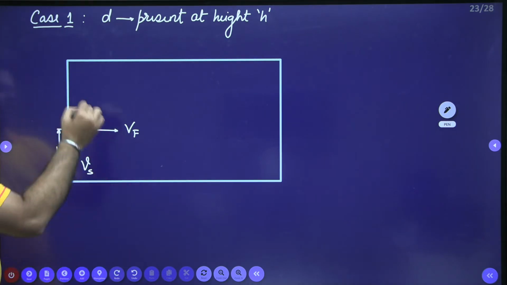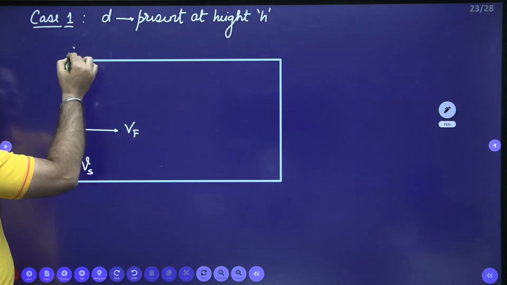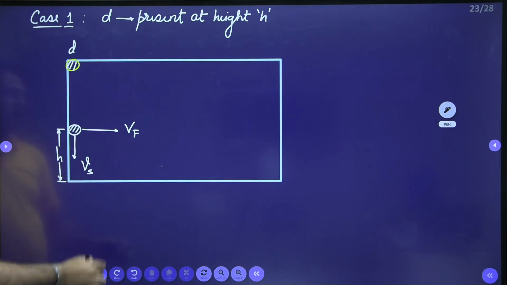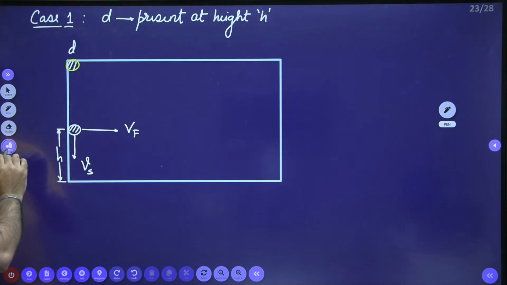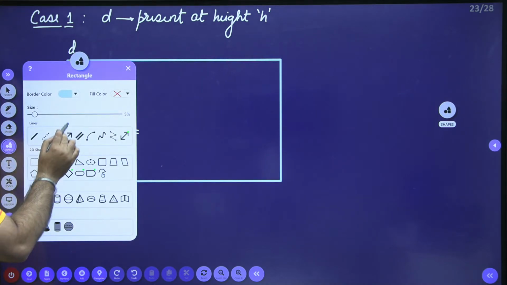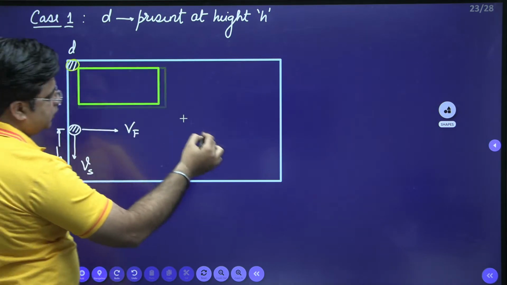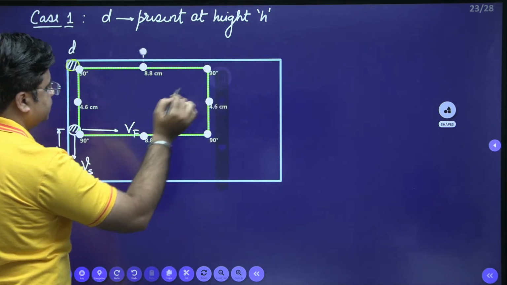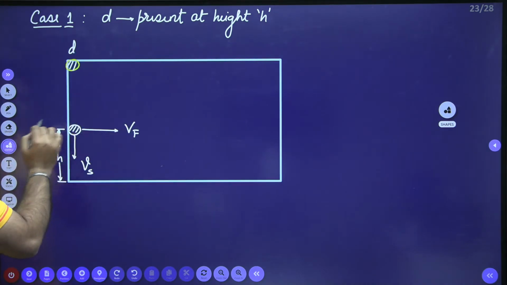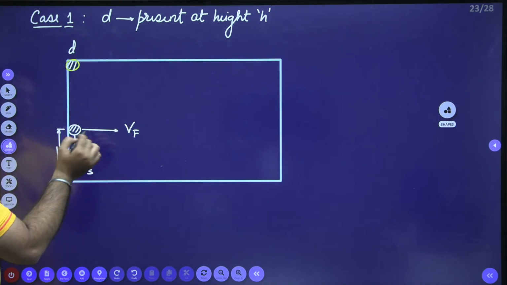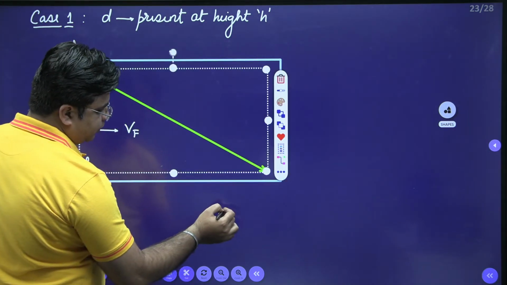Now if you consider the concerned size of the particle which is present at height capital H, we have provided sufficient time for this particle to reach the bottom of the settling zone.